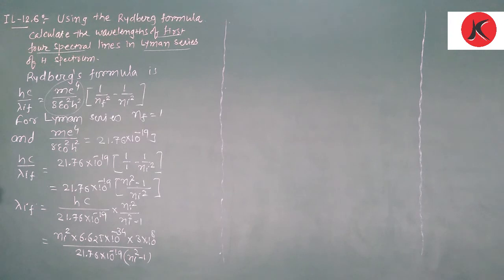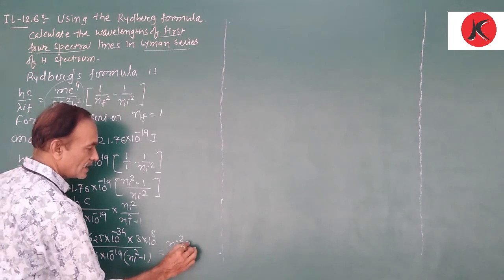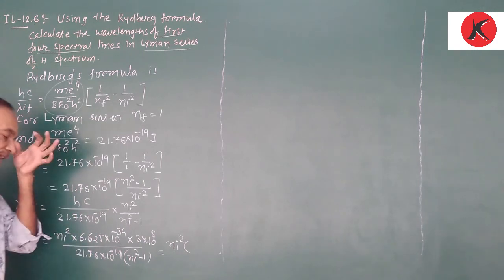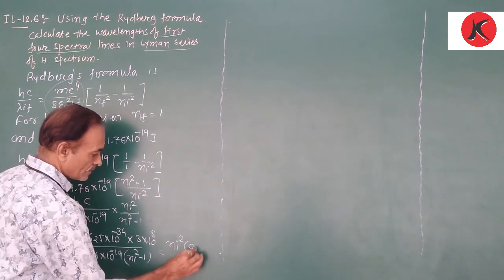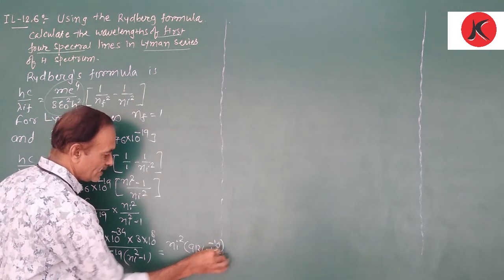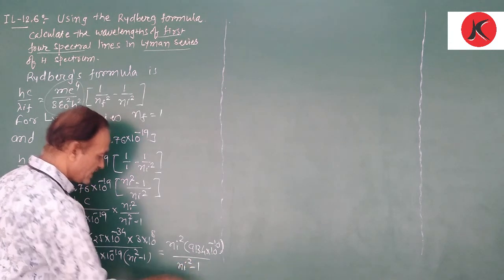As we simplify, we obtain Ni square into 913.4 into 10 raised to minus 10 upon Ni square minus 1.